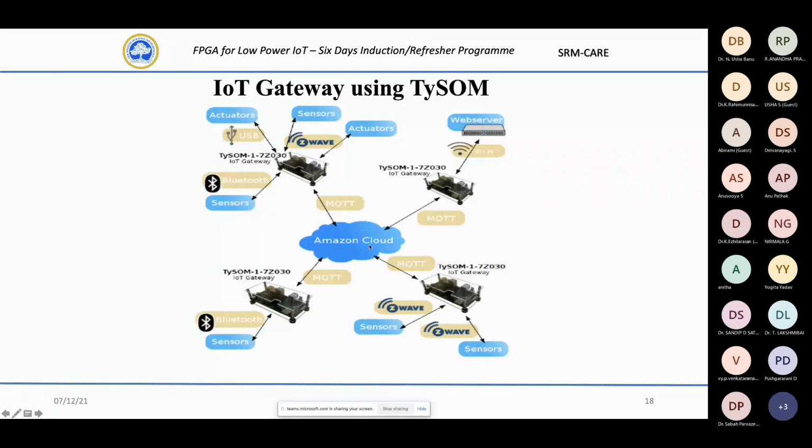Based on the data and your references, it will compare and give the commanding action or the decision action. Accordingly, the actuators will operate and the devices will be functional. So this is how we can use this FPGA in IoT. It's just a block representation of how we can implement this FPGA in IoT.